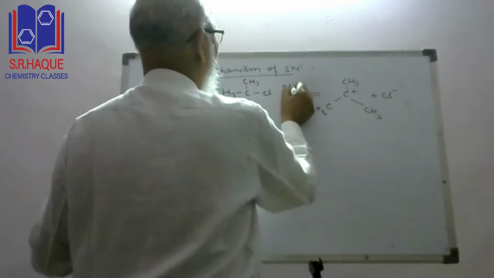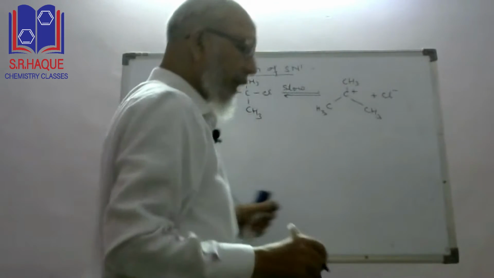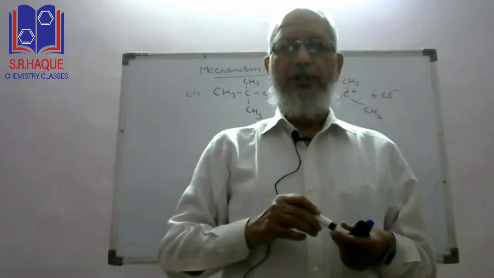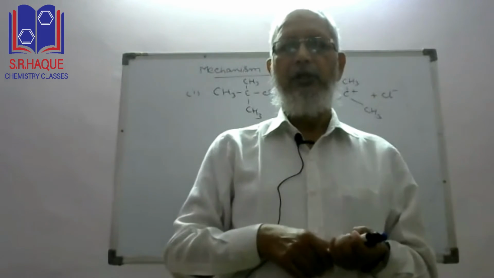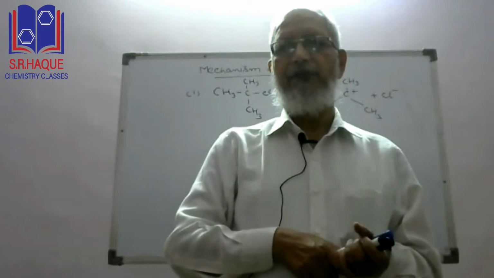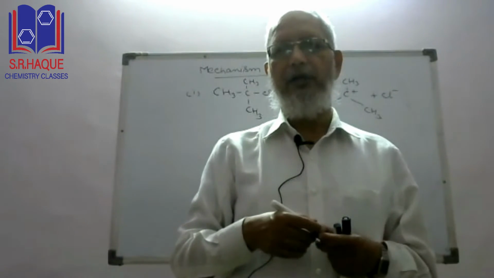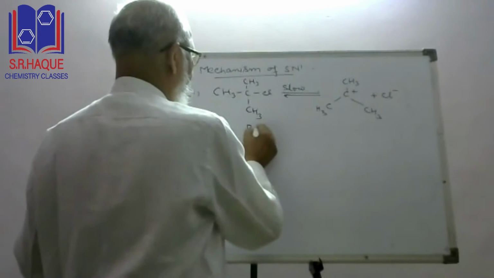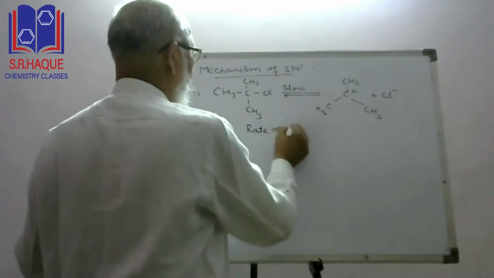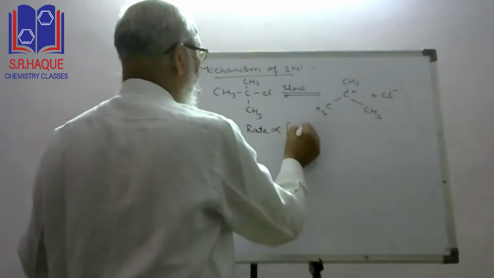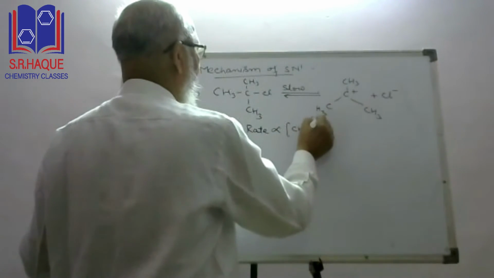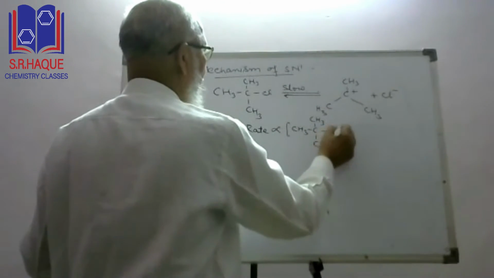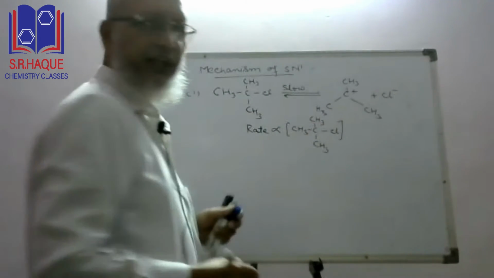This is the slow step, and you know that the slow step is the rate determining step, and the rate of reaction is directly proportional to the number of substrate molecules taking part in the rate determining step. So here the rate of reaction is directly proportional to the concentration of this tertiary alkyl halide, and since only one molecule is involved, the reaction will be first order.